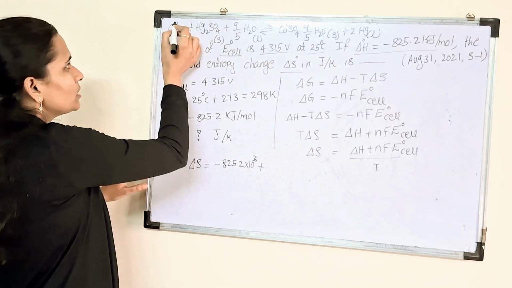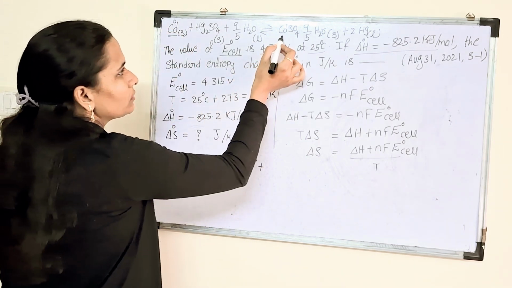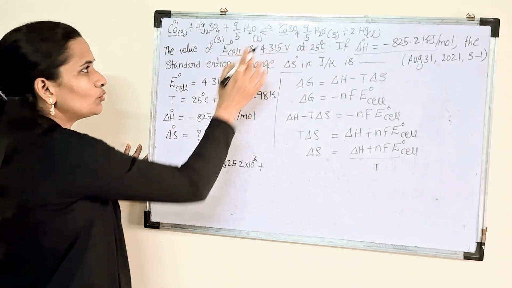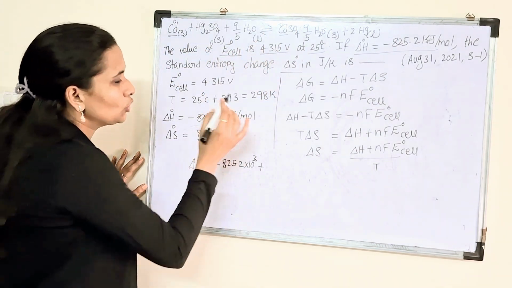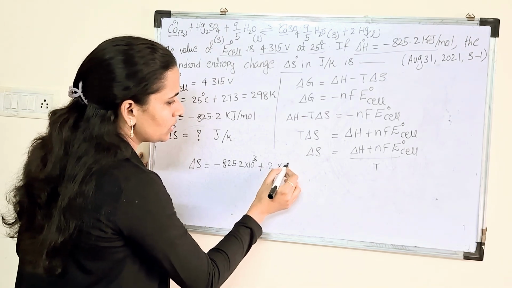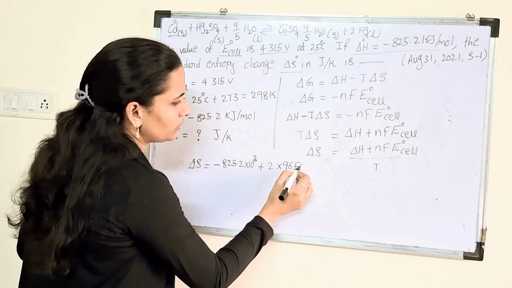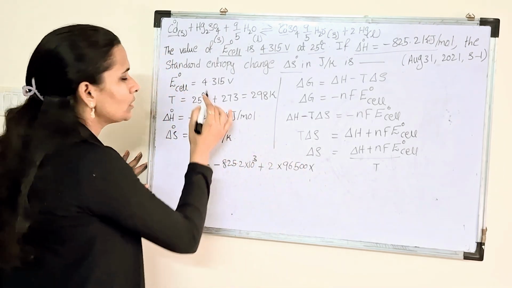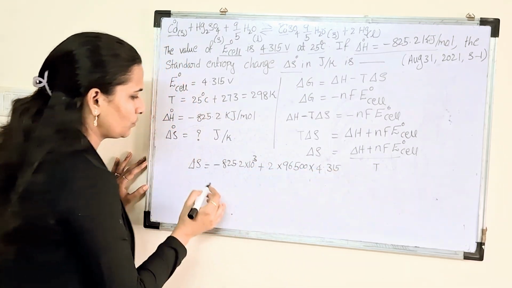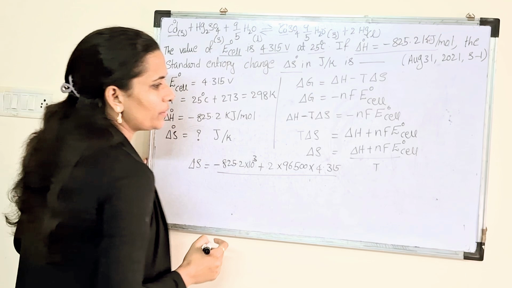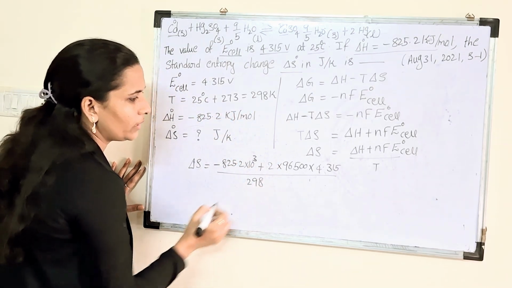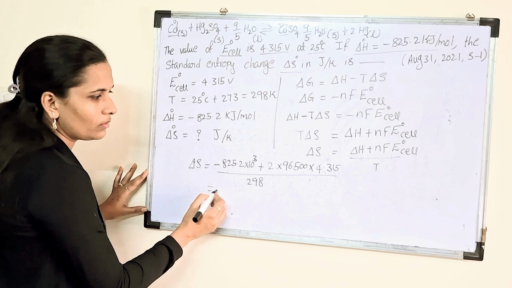Cadmium is in 0 oxidation state and here cadmium is in +2 oxidation state, so 0 to 2 means electrons involved are 2. So n is 2, Faraday is 96,500, E° cell is 4.315 volts, divided by the temperature, 298.